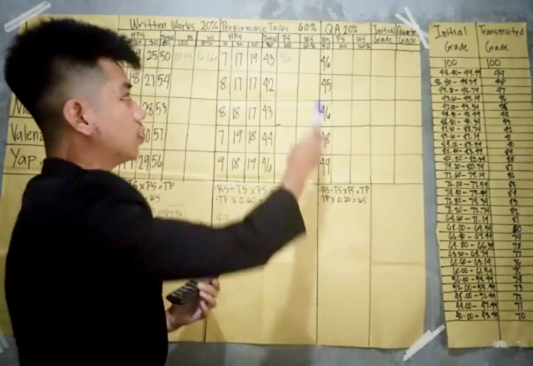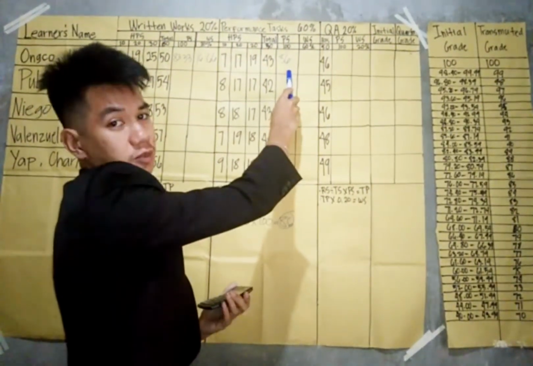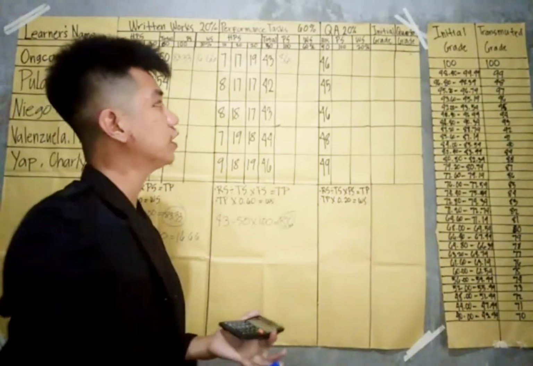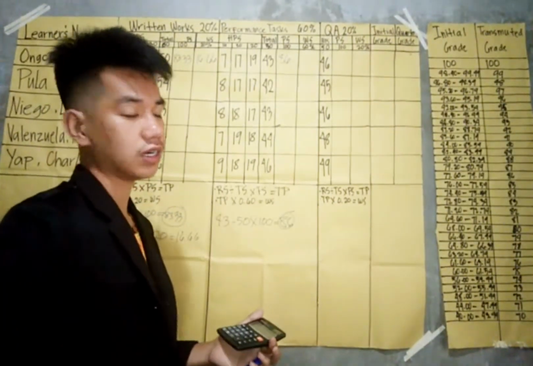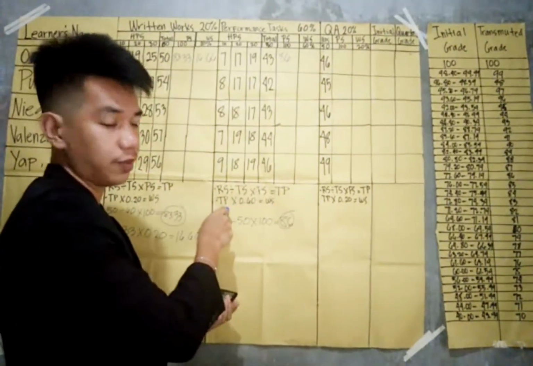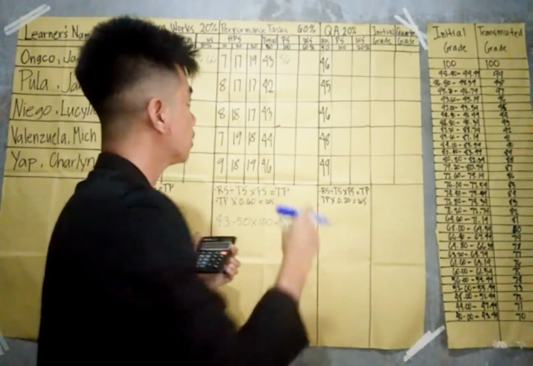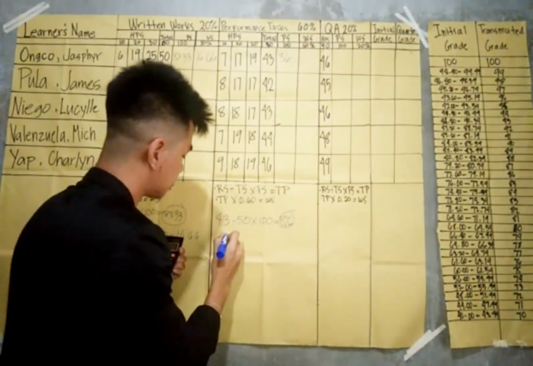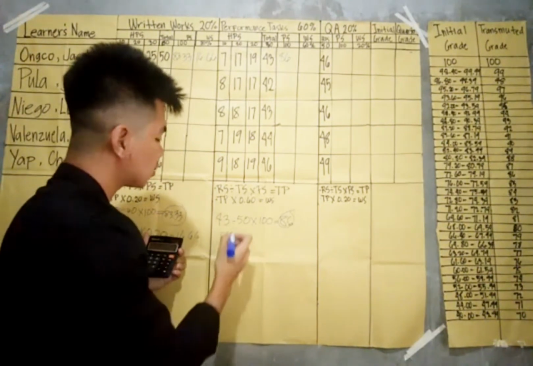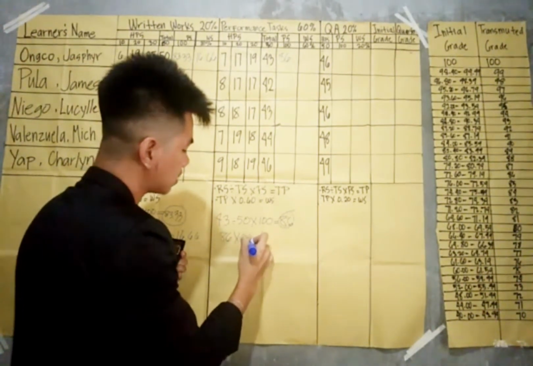So now, Mr. Ungko has an 86 percentage score in performance tasks. In order for me to get his weighted score, we will do this formula. The total percentage score is 86. 86 will be multiplied by 0.60.